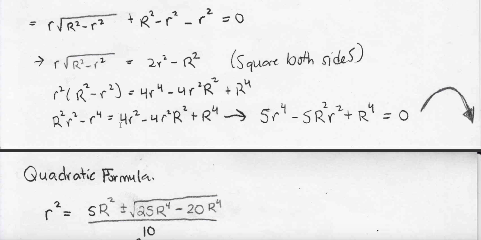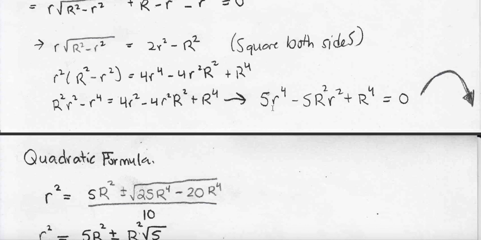Distribute, set it equal to 0, and I end up with the following equation, which is not a quadratic, but it is quadratic in form. 5r to the 4th minus 5 cap R squared little r squared plus cap R to the 4th equals 0.